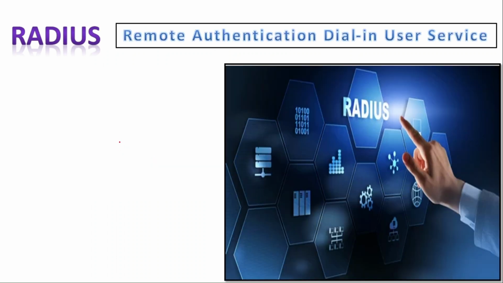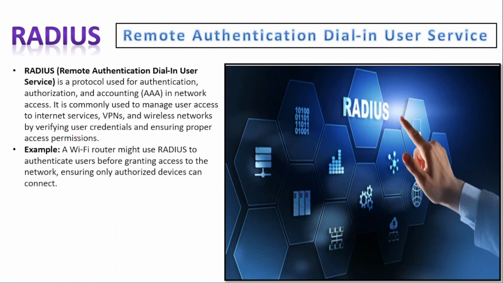RADIUS, that is Remote Authentication Dial-In User Service. So RADIUS, or Remote Authentication Dial-In User Service, is a protocol used for authentication, authorization, and accounting, that is AAA, in network access. It is commonly used to manage user access to internet services, VPNs, and wireless networks by verifying user credentials and ensuring proper access permissions.